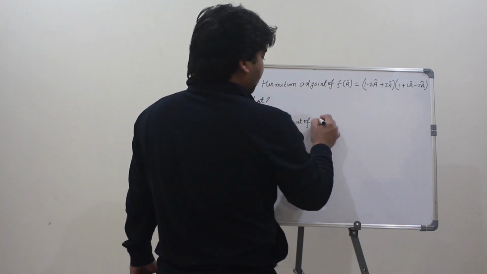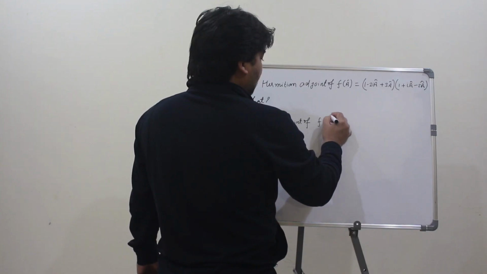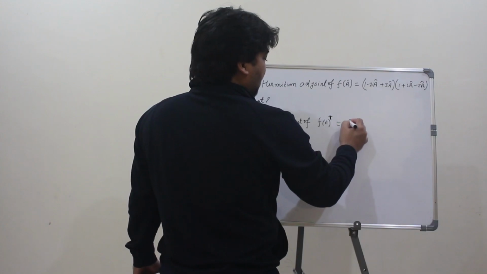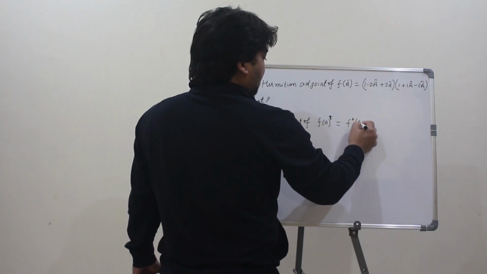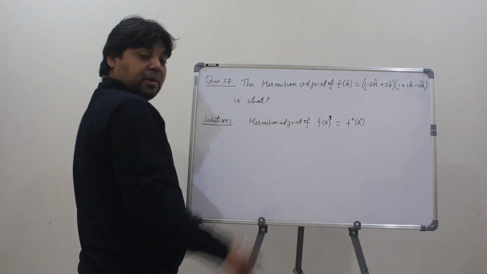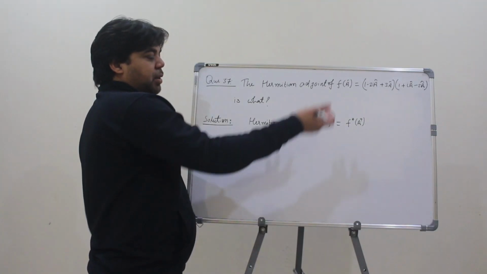The Hermitian adjoint of F(a) equals F(a) dagger, right? So F(a) dagger will give you F star of a dagger, right? So let us calculate it.